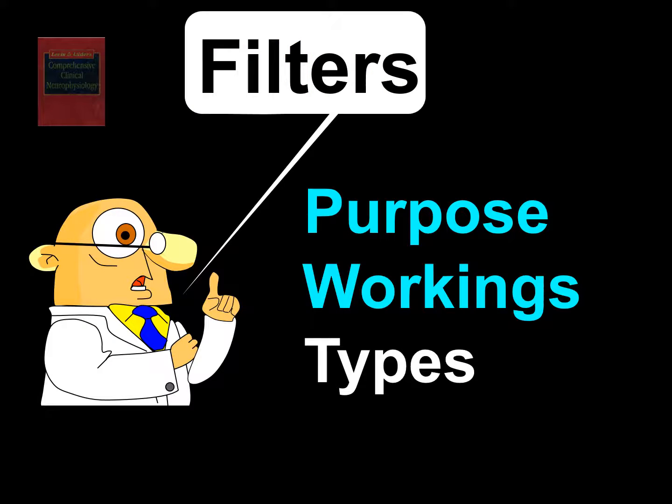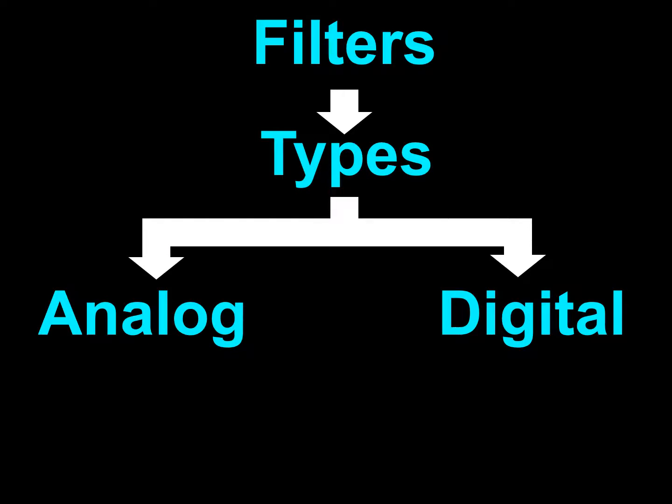The last issue I like to address during the conversational segment of this talk is types, that is, major types of filters. The major filter types are analog. Analog filters accept as their input a continuous voltage versus time signal and produce at their output a continuous waveform.